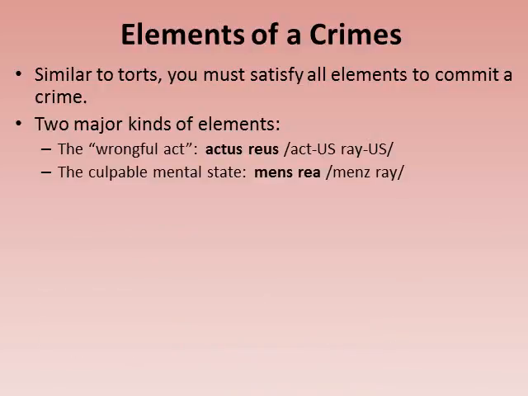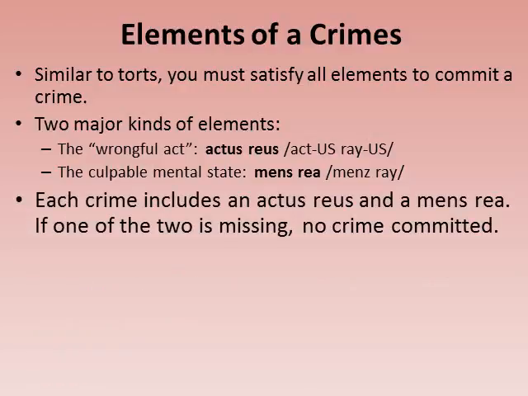But we also require a culpable mental state, or mens rea. And that means that just doing something won't mean that you're guilty of a crime. You also have to have some kind of evil in your heart when you do it, some kind of evil intention. And each crime, again, defines this a little bit differently, but each crime must have both the wrongful act and the culpable mental state.